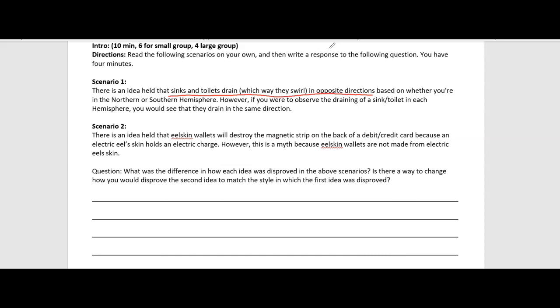The way we disproved that was actually going and observing. If you actually went to the northern or the southern hemisphere, you could see that they drain in the same direction. So it was based on an observation.